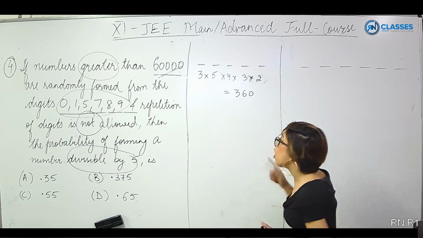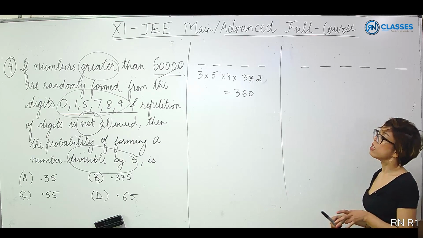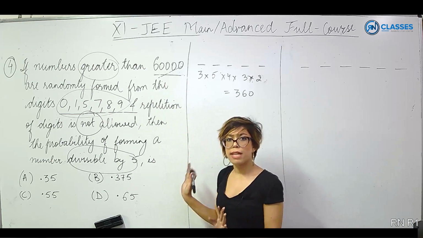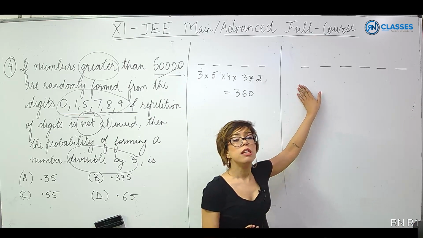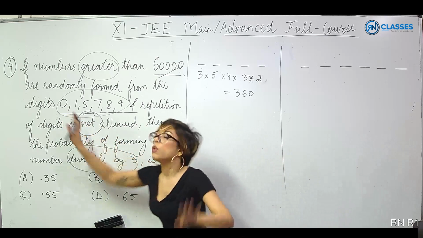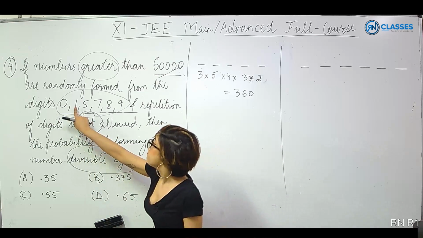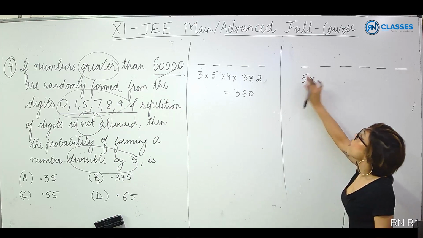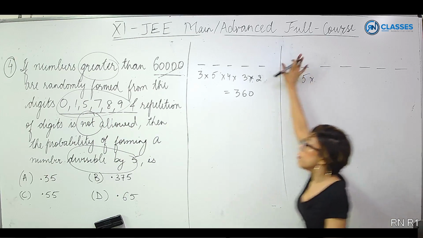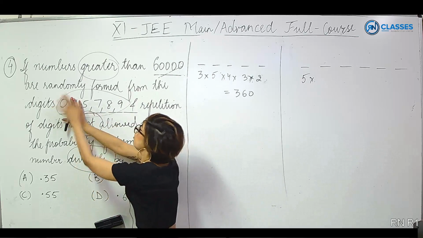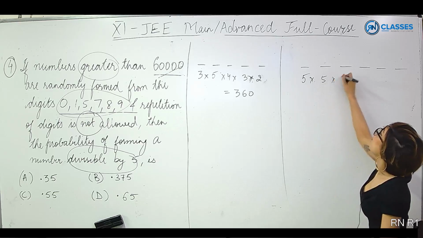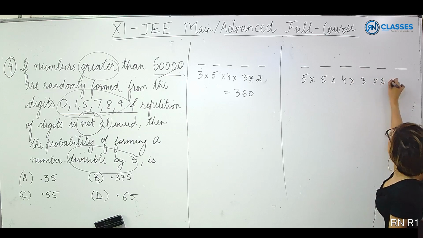Let me talk about the number of 6-digit numbers. Any 6-digit number would be greater than 60,000, so no restriction on the first place, except that you cannot put in 0. So I have 5 possibilities, 1, 2, 3, 4, 5. Corresponding to this, suppose I have put in 1 over here, so I have 5 possibilities, then 4, 3, 2, and 1.